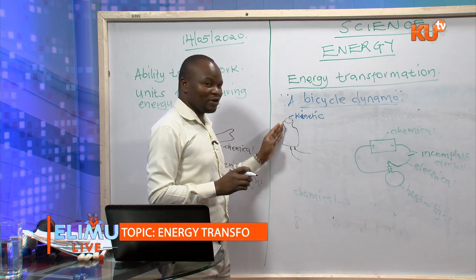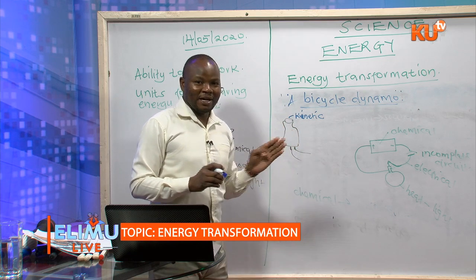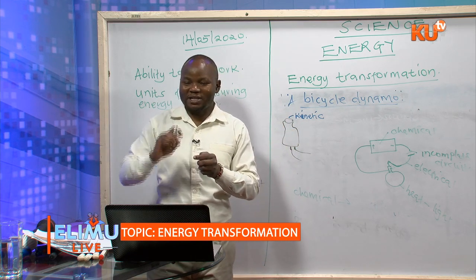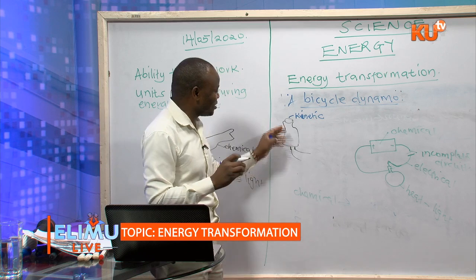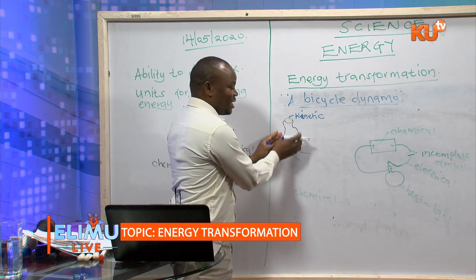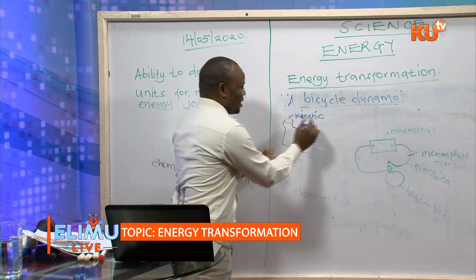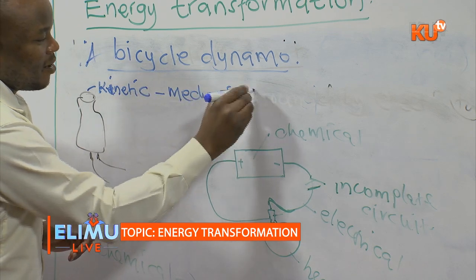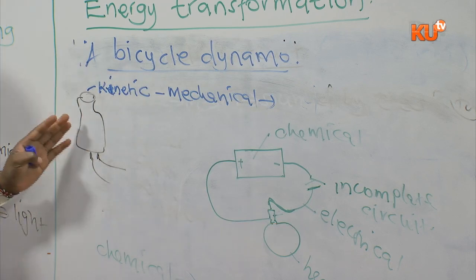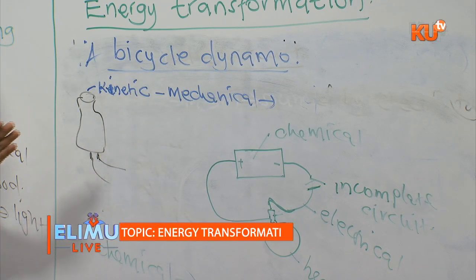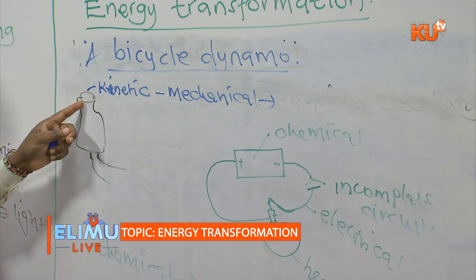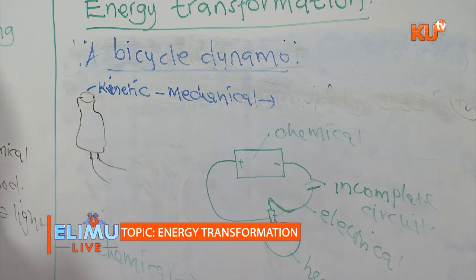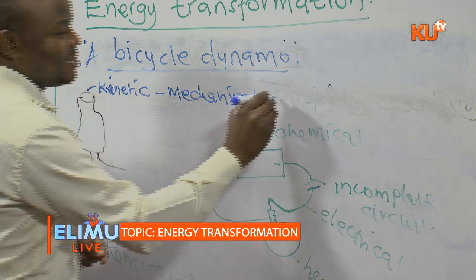After the wheel is rotating, it goes to the mechanical, because this is now the knob. From the kinetic you go to mechanical energy. After that, we go to magnetic, because there is a small magnet found in the bicycle dynamo.